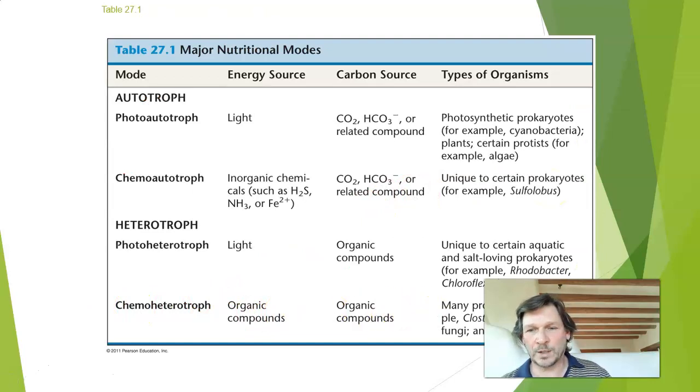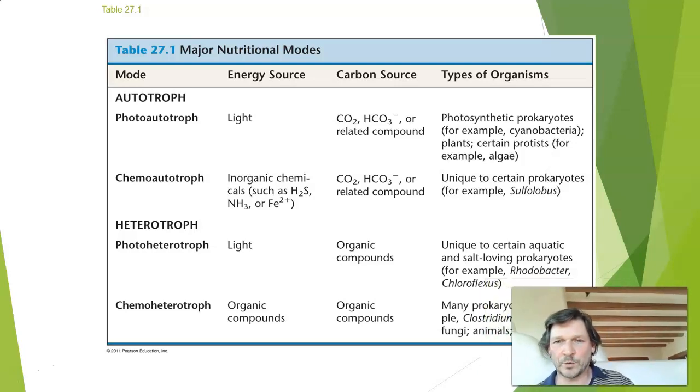Chemoheterotrophs, those would be animals and E. coli, for example. And then these are the ones that are a bit rarer, and those would be unique to salt-loving prokaryotes and deep sea vent ocean ponds and hypersaline lakes like Mono Lake and the Dead Sea and things like that. Those would be your photoheterotrophs.